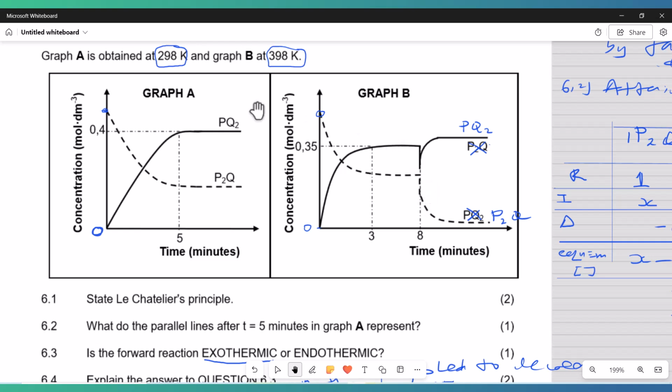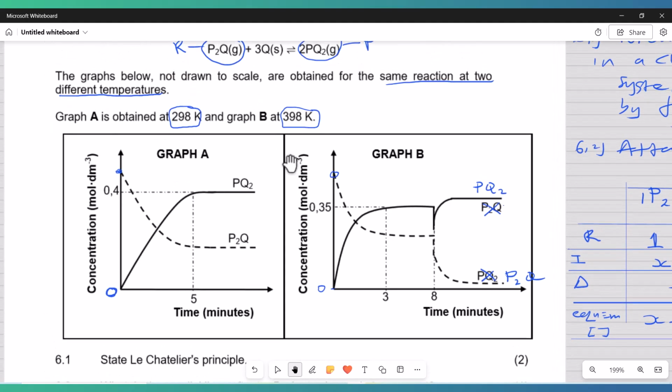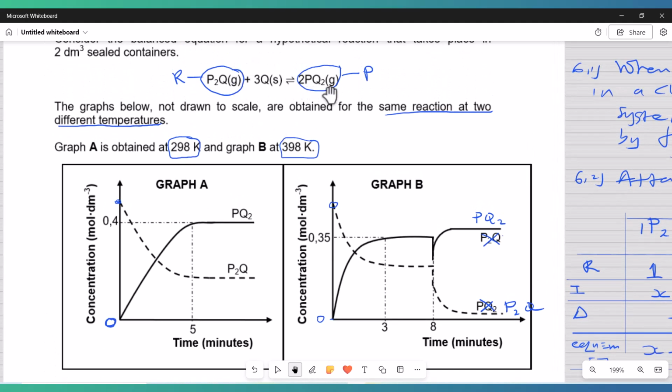Now these are gases. So if their concentration decreases like this, it means that because these are gases, so what must decrease the concentration of a gas? It must be a decrease in the pressure. So this was a decrease in pressure, okay? And we said that after the decrease in the pressure and decrease in the concentration here, we see that later the PQ2 rises up, but the P2Q completely goes down.